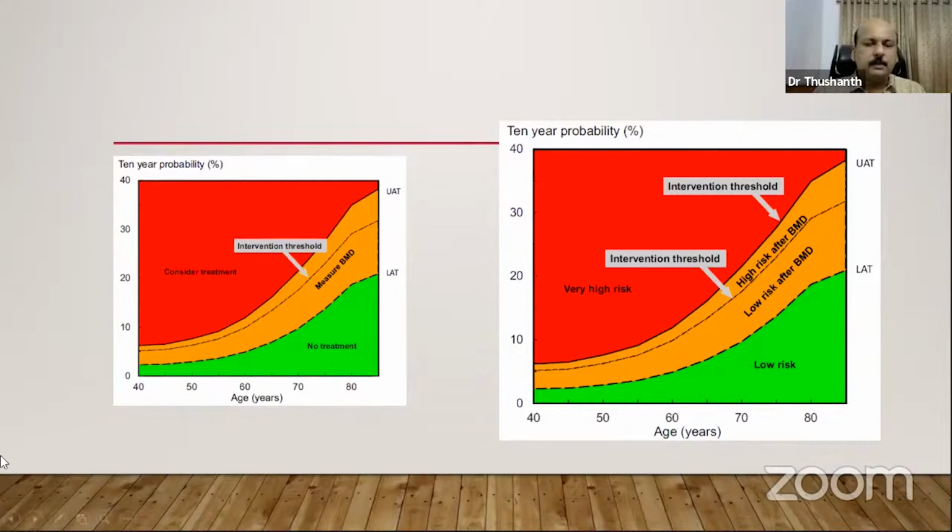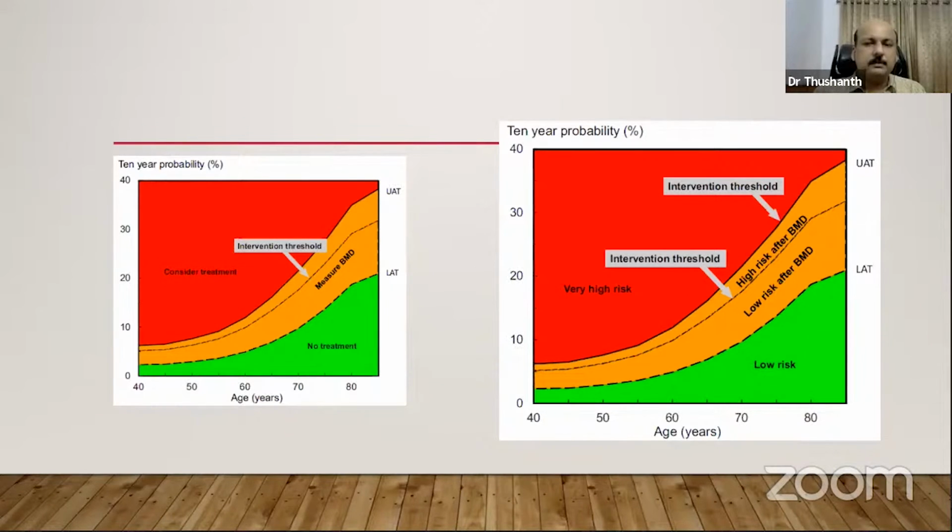Patients who come in the intermediate category, that is the orange zone, should undergo further evaluation with BMD. And then after BMD, they will fall above or below the intervention threshold. That is the line going in between, within the orange zone. Intervention threshold means the threshold above which treatment should be started. So initially, the patients will fall in the orange category, and after BMD, they might fall above the intervention threshold line, or they might fall below it.